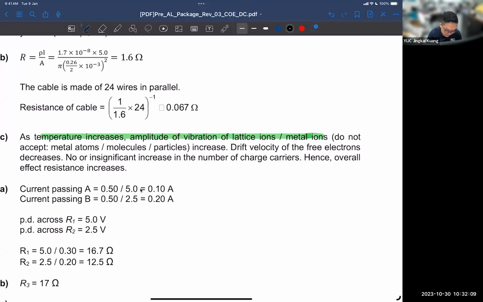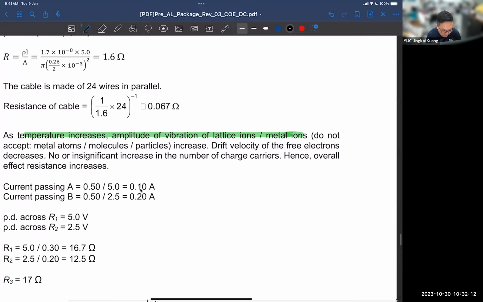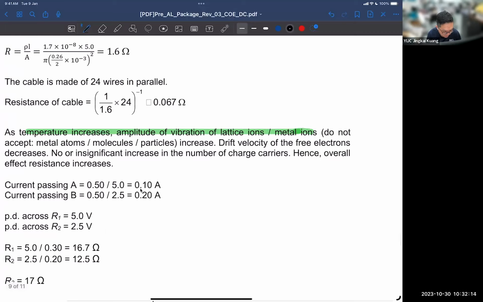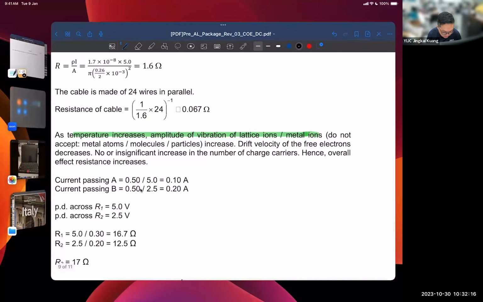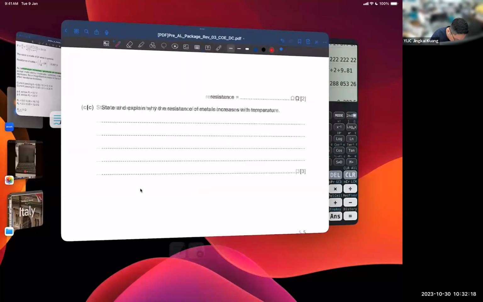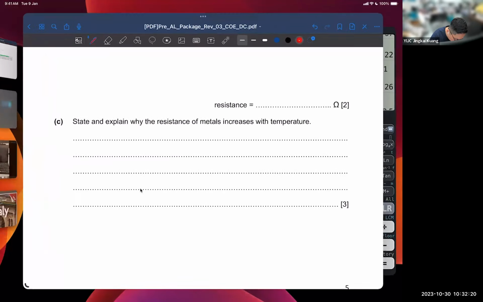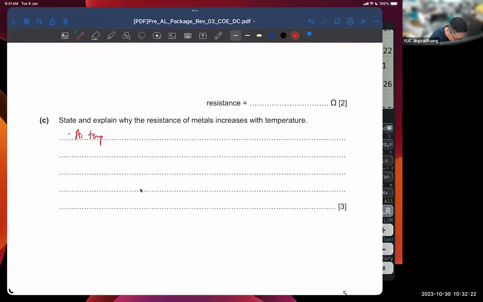So first one, let's write out this one over here. As temperature increases, vibration of lattice or metal ions increases. Okay, so that's one.